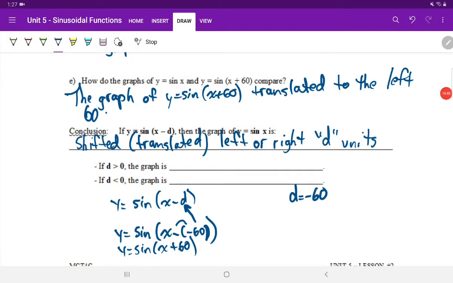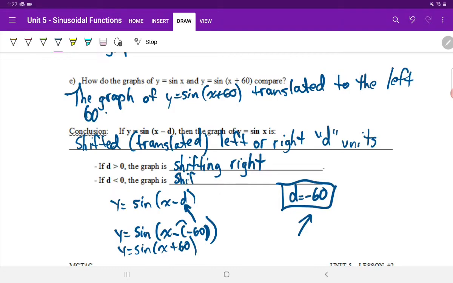If d is greater than 0, so if your actual d value is greater than 0, that means you're shifting to the right. In your equation that will look like x minus 60, but that just means that the d value you subbed in must have been a positive 60. And if your d is less than 0, so it's negative like in this situation, you're actually shifting left.